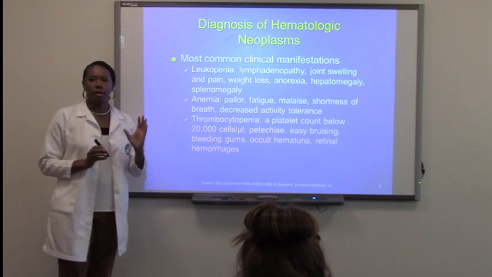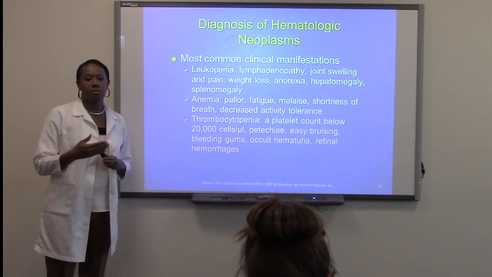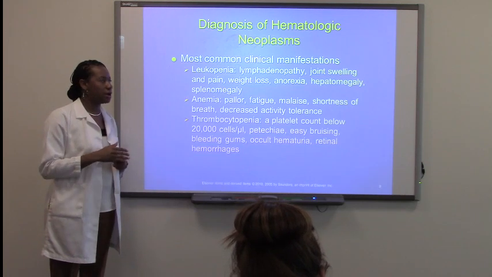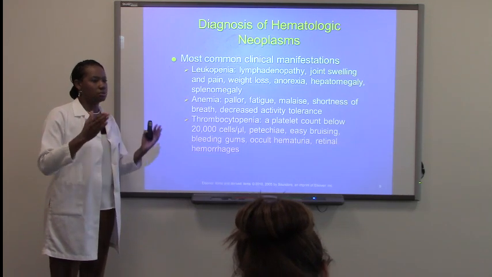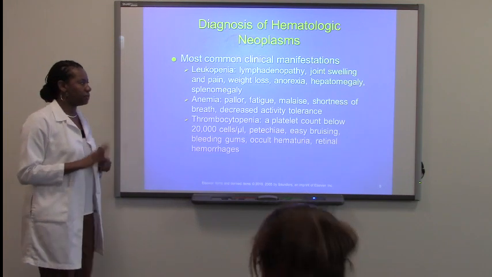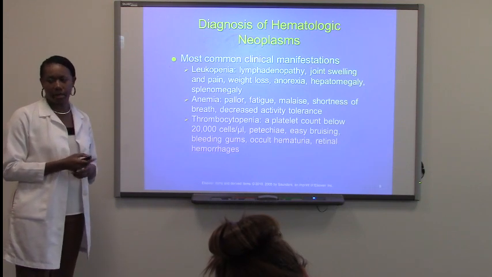Try to color-code it or find some way where you can memorize it, because I will have questions on the test next week as far as which diseases have the most common signs and symptoms. So just make sure you're able to put them in some sort of category like that.